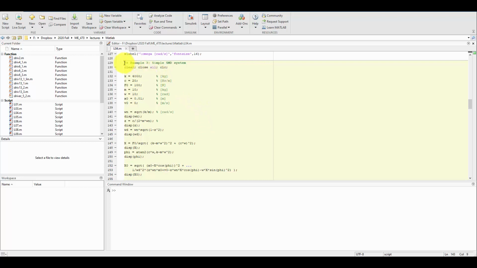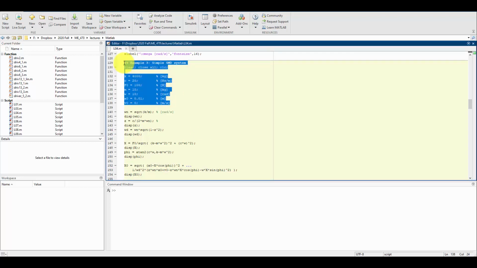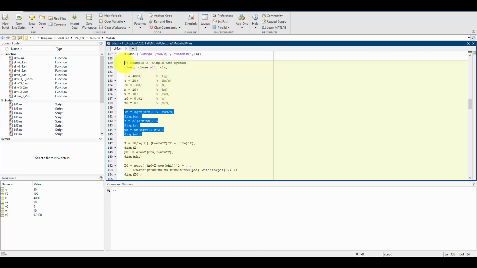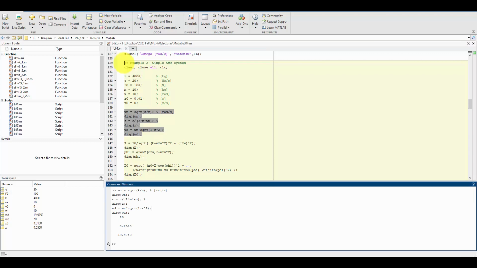Going into MATLAB, I'll put in all of the given parameters from our system and calculate the natural frequency, the damping ratio, and the damped frequency. And we get here the same values that we hand calculated: 20 radians per second, 0.05 or 1/20th for our damping ratio, and 19.975, so pretty close to 20 for our damped frequency.